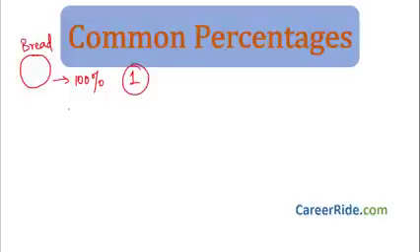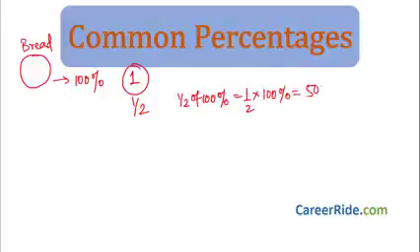Now if someone says give me half a bread, how much percent bread should we give to that person? That is half of 100%. Of means multiplication. That is 50%. That means 50% means half.